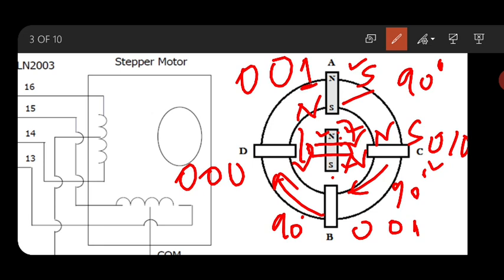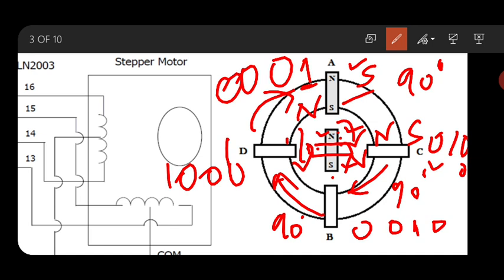Now which one is to be energized here? D. This is 1, and the others are 0. If D is energized, again the inside rotor will have N pole and N pole, and they will repel. When they repel here, again it will take one more 90 degrees.